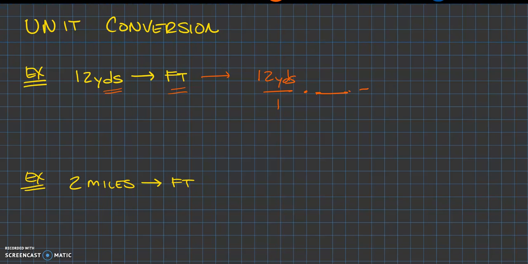So what I will do is go ahead and write out the blanks that I need, and just this blank line right here. I know that if yards here is in the numerator and I want to cancel yards and convert it to feet, then yards has to be in the denominator over here. Now why do I know that?